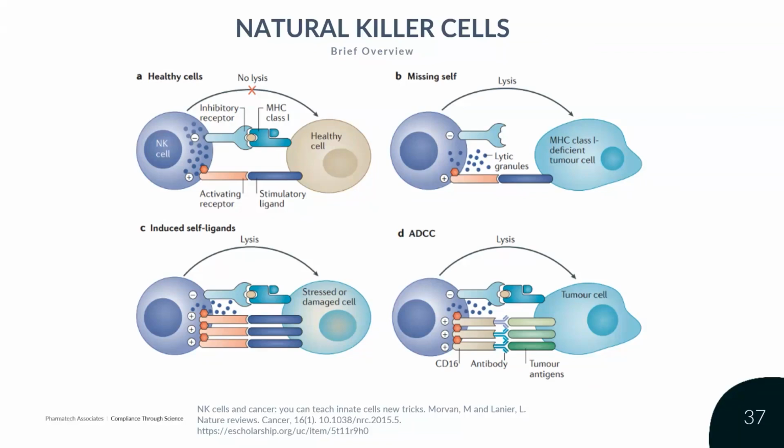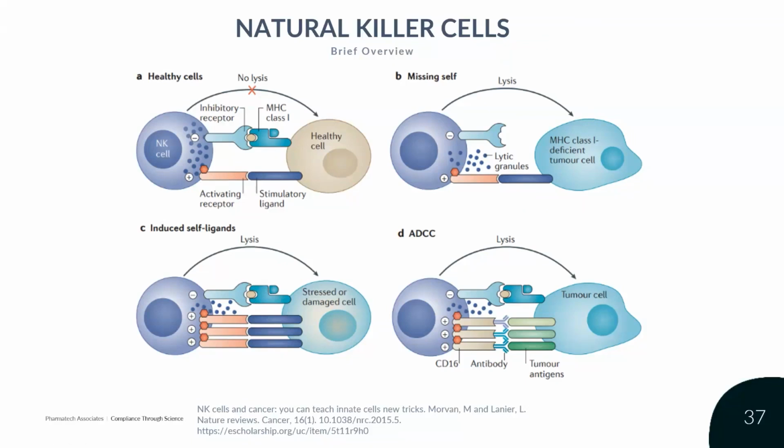The whole premise here is that NK cells, compared to CAR T cells, display way more potent anti-tumor activity. Essentially the way they do that is because they can recognize either the absence of MHC class one receptors, or have multiple activating receptors and ligands on the cell surface, which they use to recognize either a stressed or damaged cell or a tumor cell.